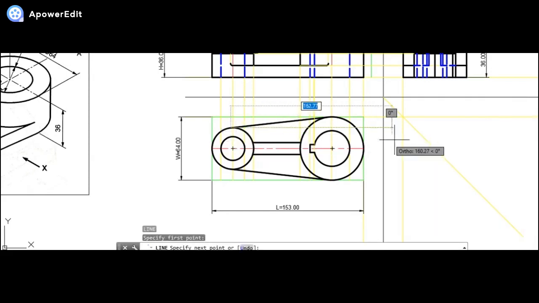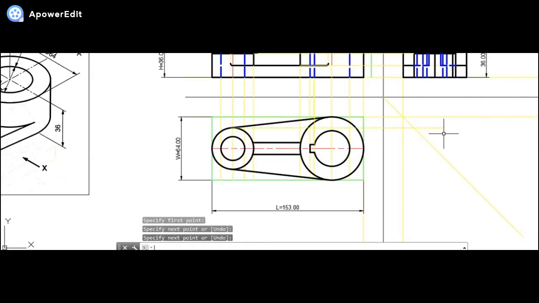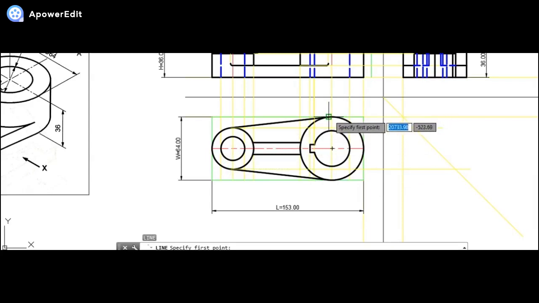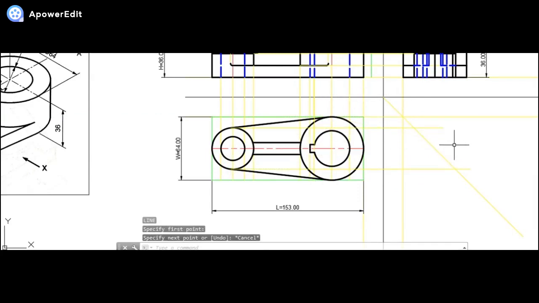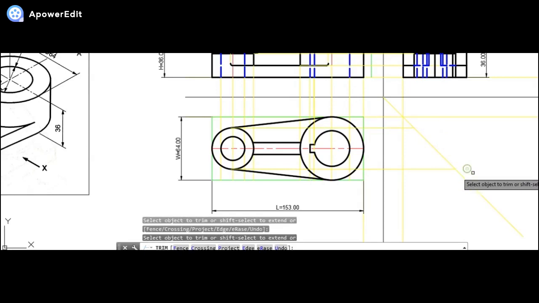So from here, like this, it will be coming. Even from here, like this, it will be coming. The tangent, very fine tangent, is going to come from both the sides. We will be drawing it now.